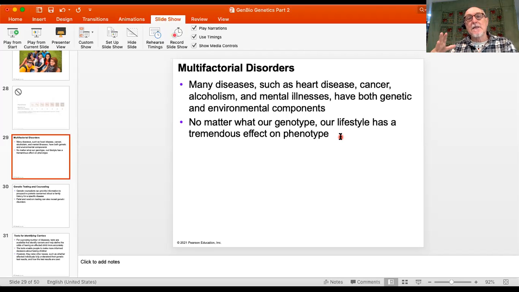In human beings, it is often very, very difficult to sort out what is genetic predisposition and what is due to lifestyle, because lifestyle can actually overwhelm the genetic function.